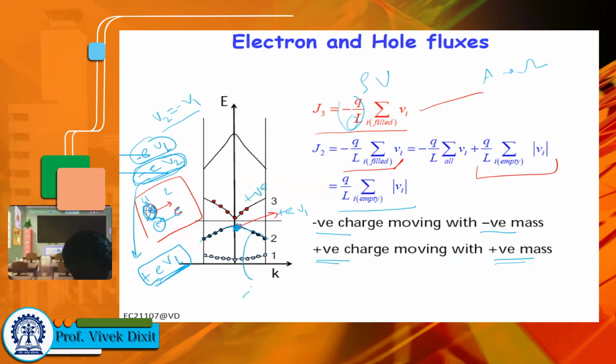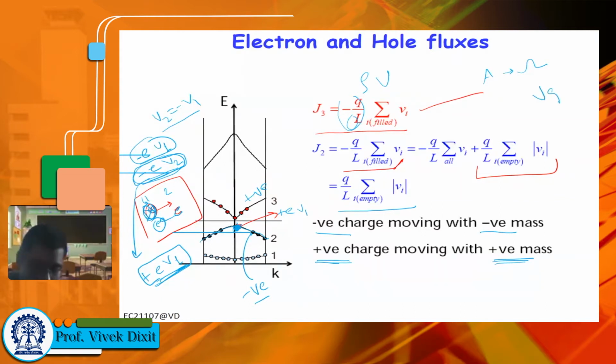Electrons in the valence band have negative mass. So this negative mass and negative charge electron can be replaced by an empty space with positive charge and positive mass, and that is the concept of a hole. Is this clear?